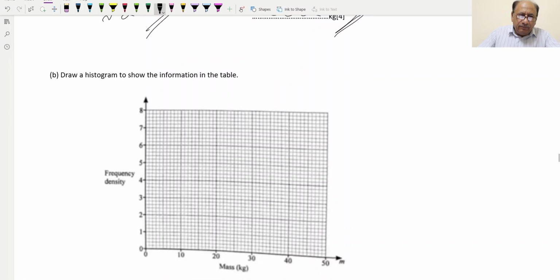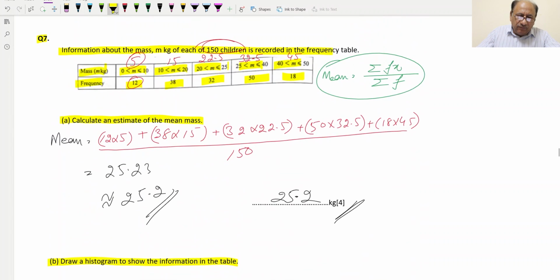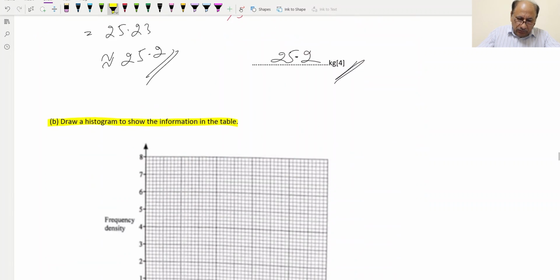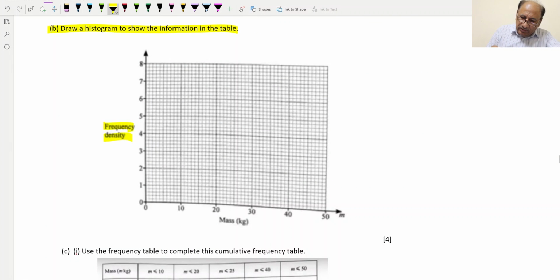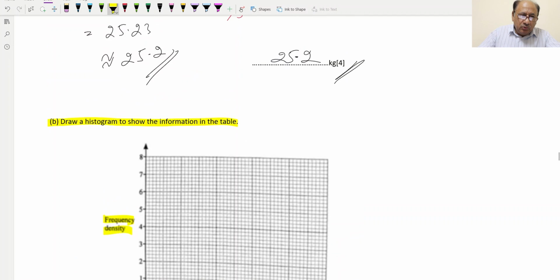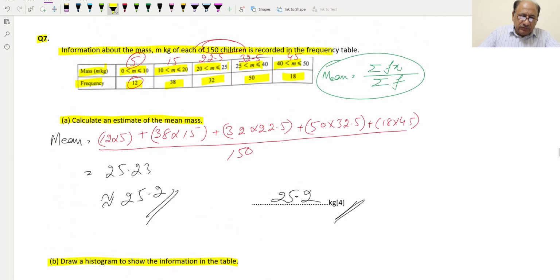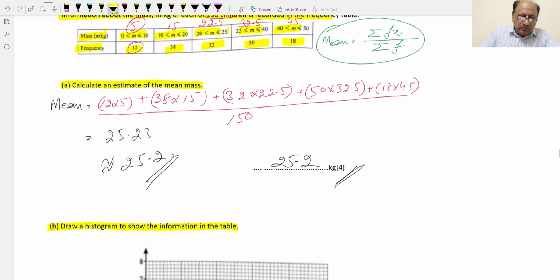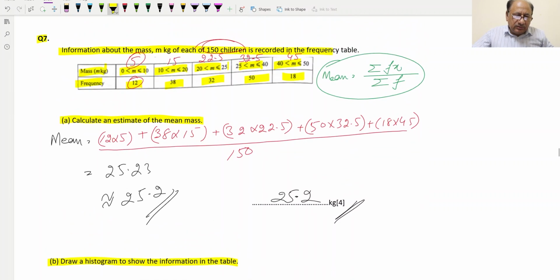Now for part B, this is the diagram: draw a histogram to show the information in the table. So this information we have to show. This side is frequency density, this side is kilograms. For 0 to 10 it is 12, so we write 12 divided by the class width.